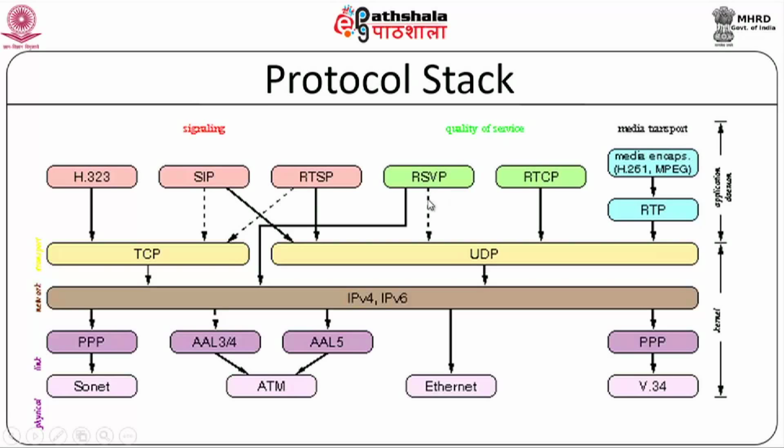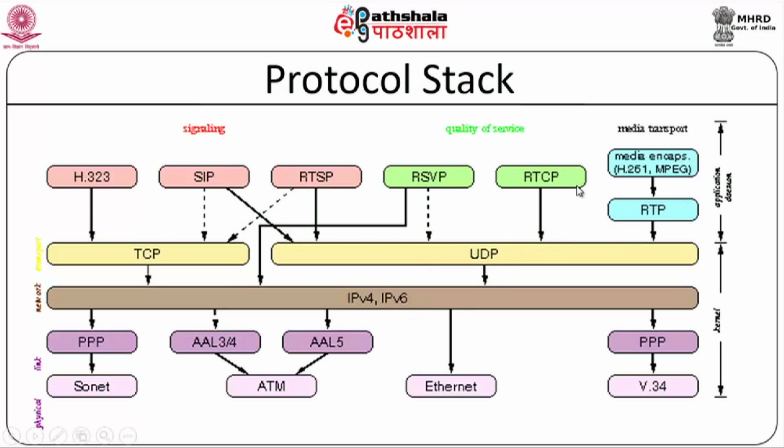Now, RSVP may run either on top of UDP or directly on top of the IP protocol itself. In addition to that, for media transport, we have the media transport protocol, which is RTP. RTP typically is to be used along with other media encapsulation protocols, such as H.261 or MPEG-3 or whatever standards. These application level codecs will work using RTP, which will run on top of UDP and will be carried as IP packets.